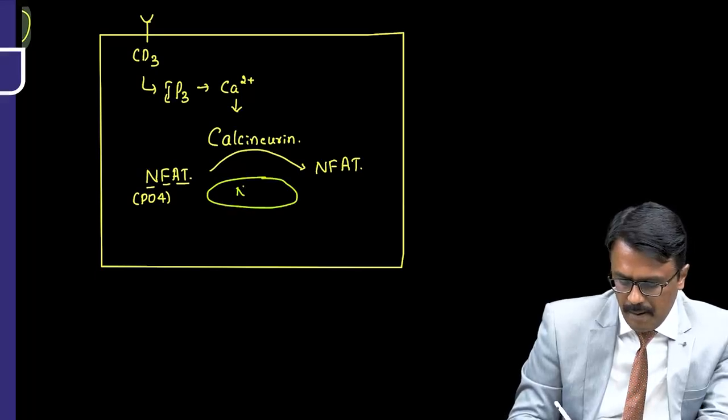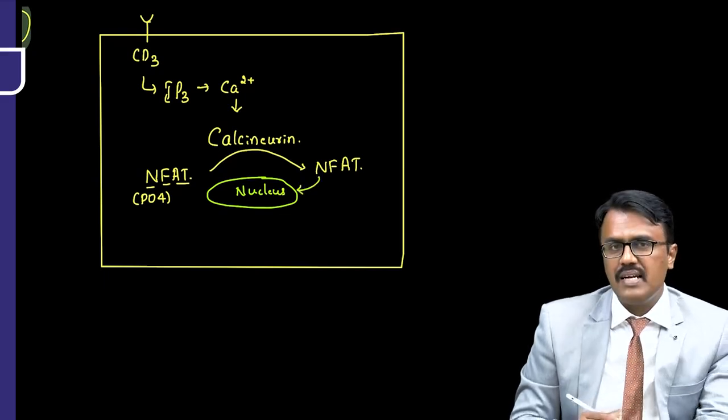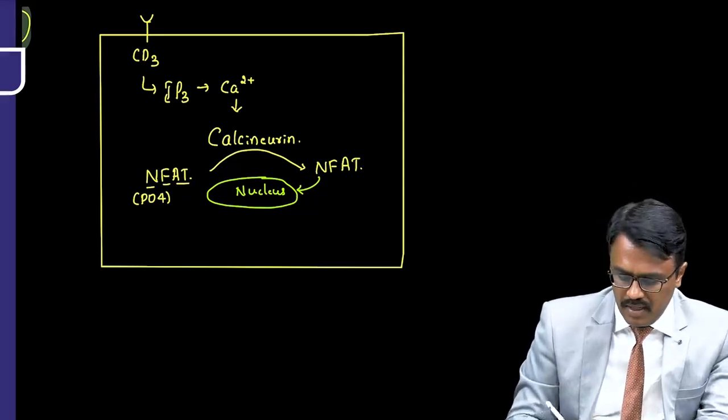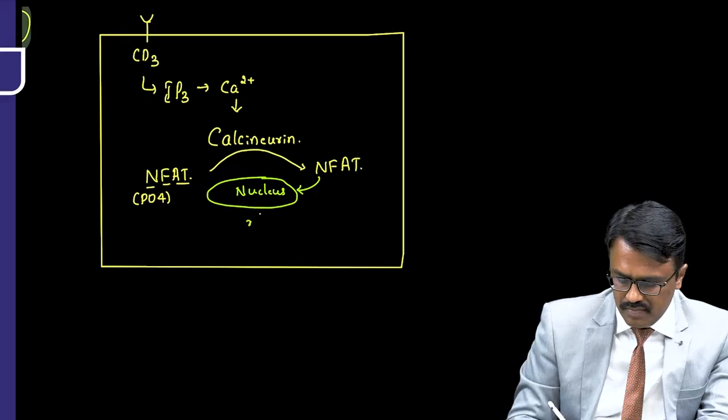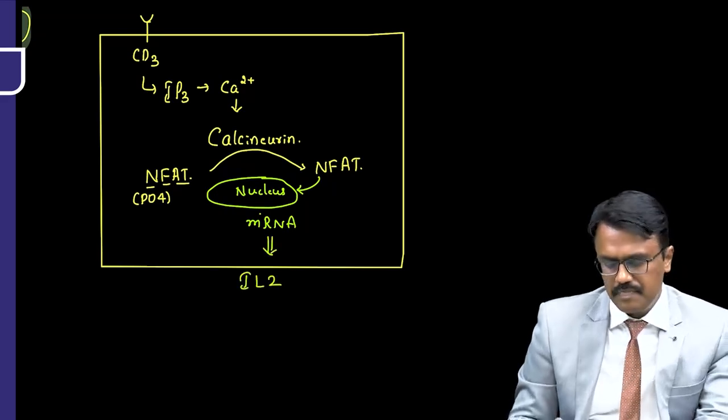So this is the nucleus, and when they move inside, they cause gene transcription. From the mRNA there is production of interleukin 2.